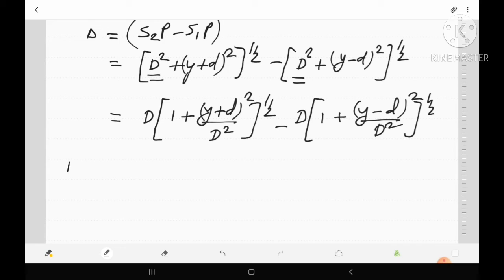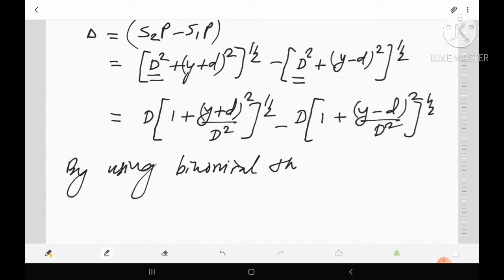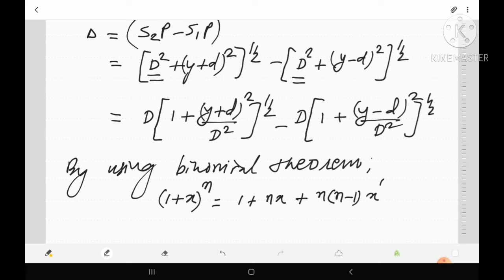Now by using the binomial theorem, we have 1 plus x raised to power n is equal to 1 plus nx plus n into n minus 1, x square upon factorial 2, plus and so on.